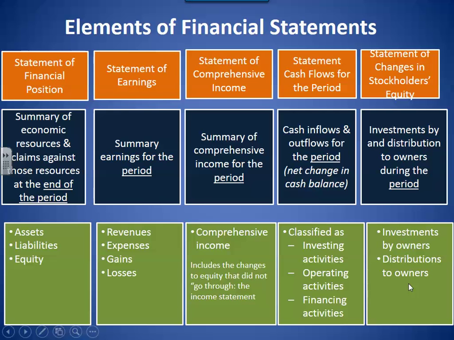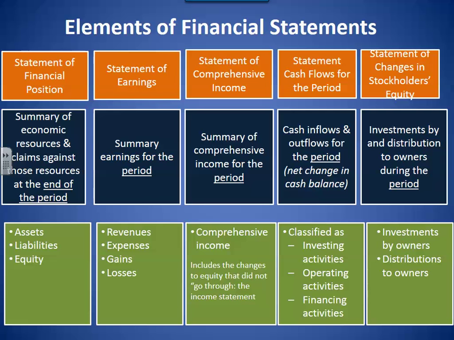Now, one of the important things we have to understand is that for the most part, everybody says, well, wait a minute, I'm only familiar with the statement of financial position and the statement of earnings and the cash flow statement. What about these other statements? Well, the conceptual framework allows you to combine financial statements in many cases.